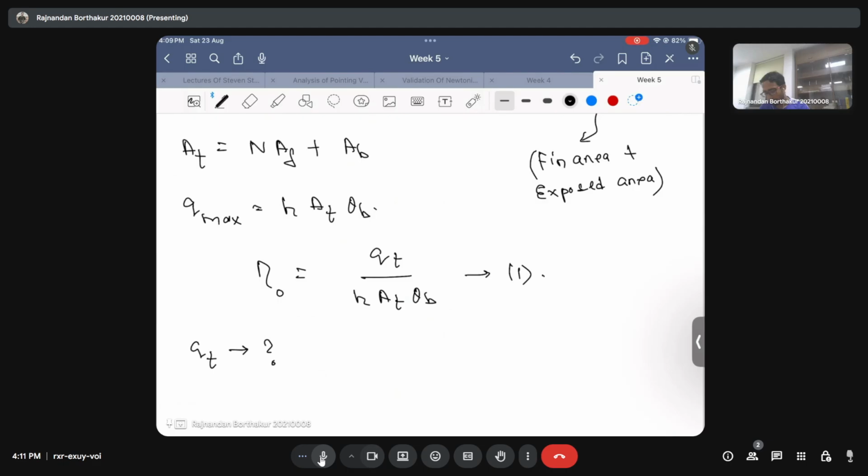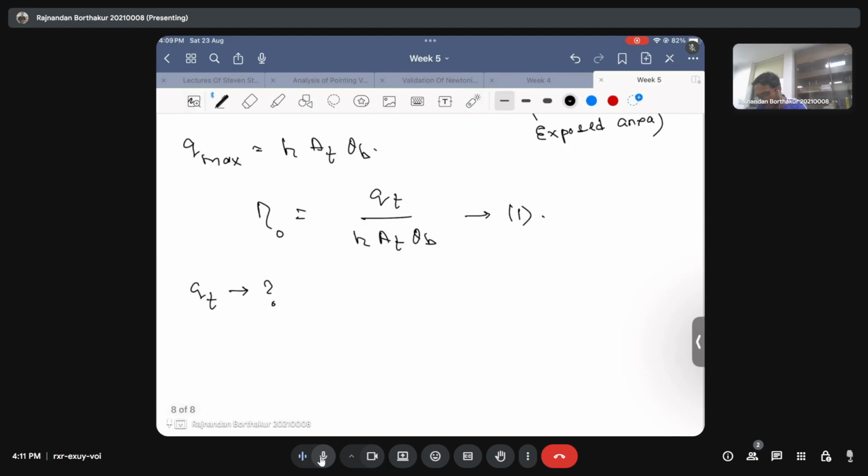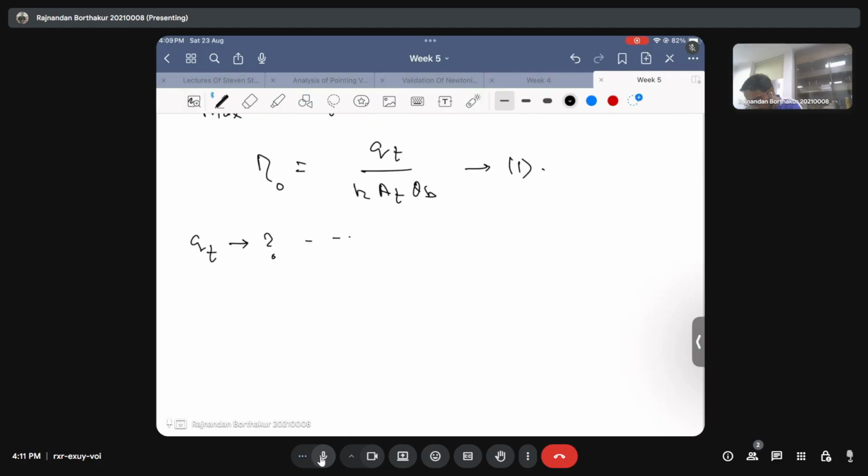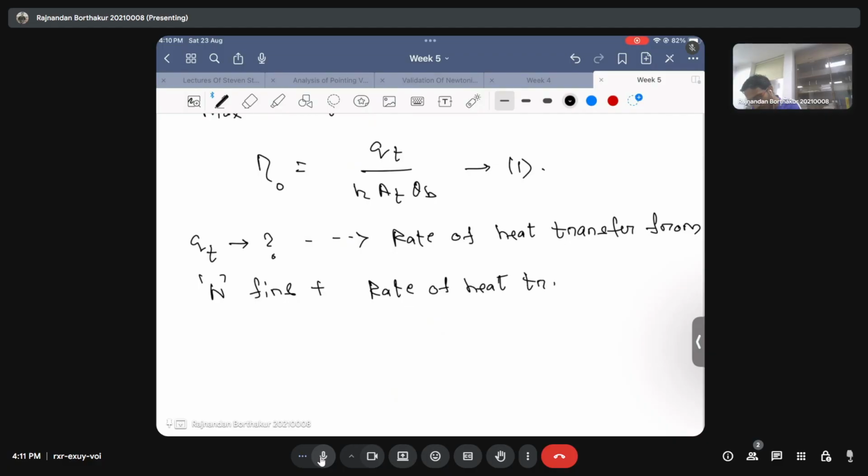As I was telling you, I'll write it down for the sake of clarification: it is the rate of heat transfer from n fins plus the rate of heat transfer from the exposed area.